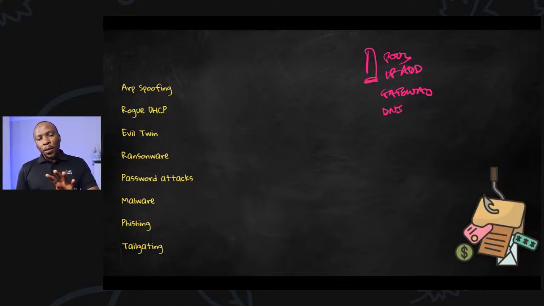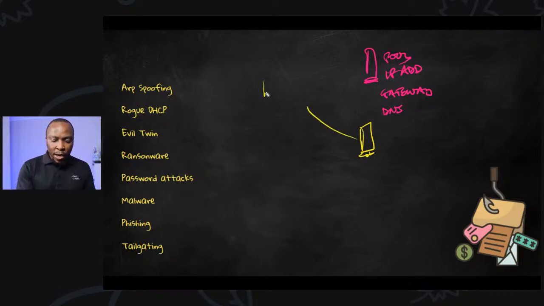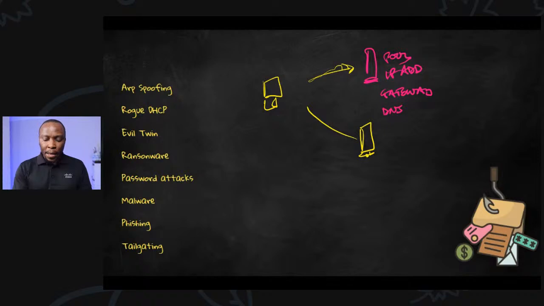So when a rogue DHCP server comes on the network, all it's trying to do is falsify giving IP addresses to endpoints on a particular network. They might be thinking that they're talking to the true DHCP server, but in actual fact, they're talking to the malicious DHCP server.